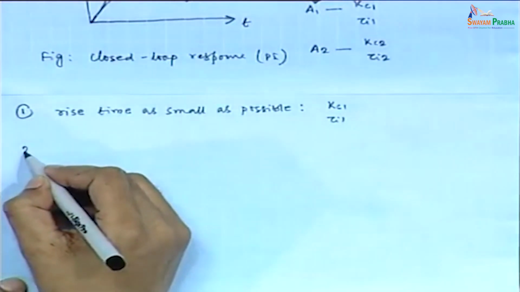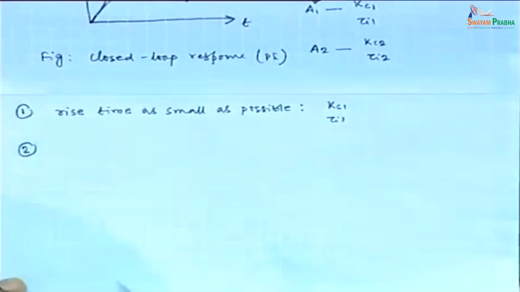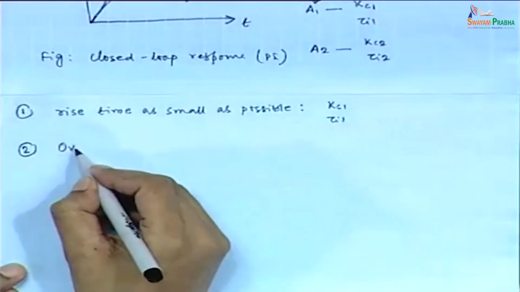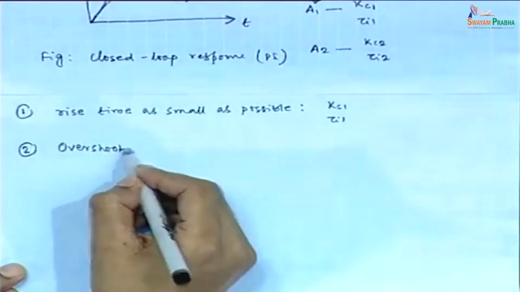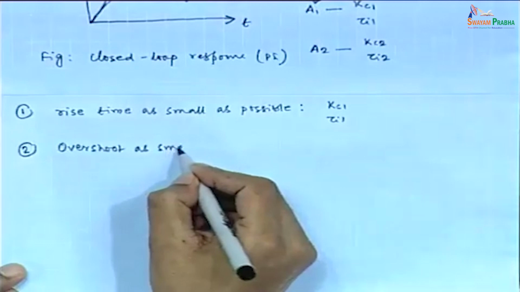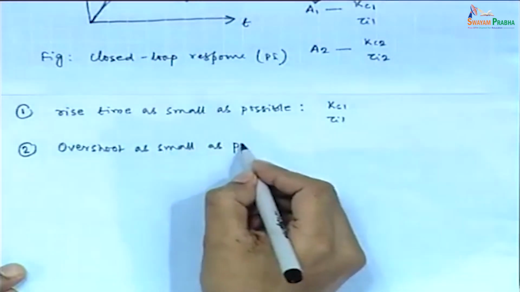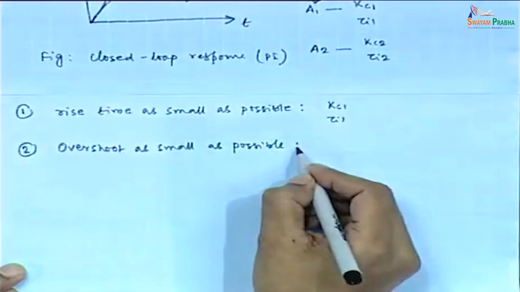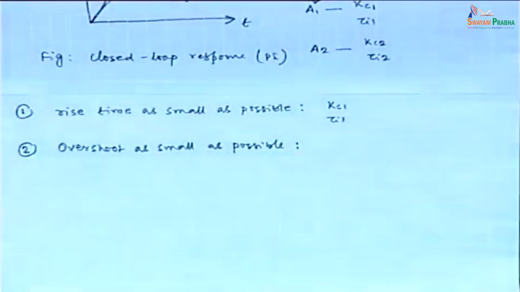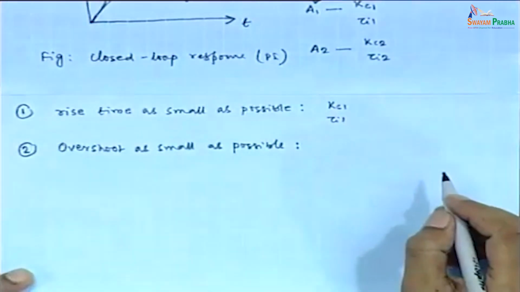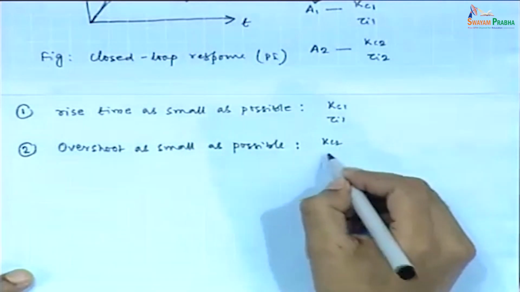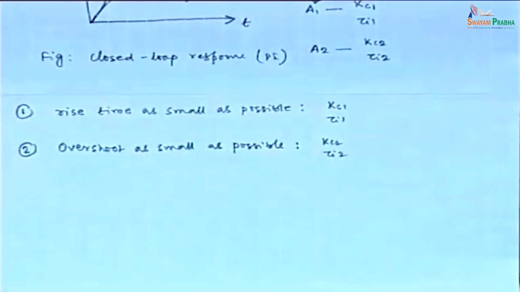Now, suppose another criteria is keep the overshoot as small as possible. So, if this is our target, which tuning set will we use? Second tuning set, I mean Kc2 and tau y2. Agree? Like this, there are different characteristic features.